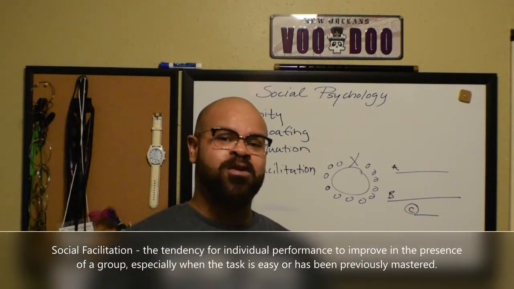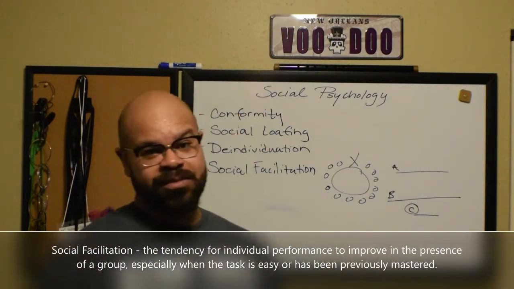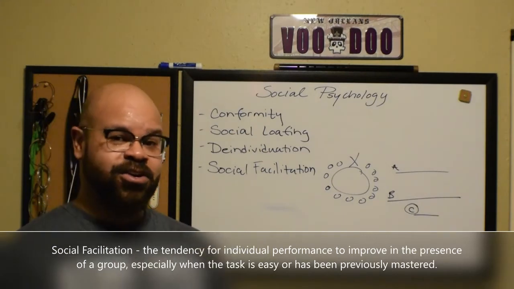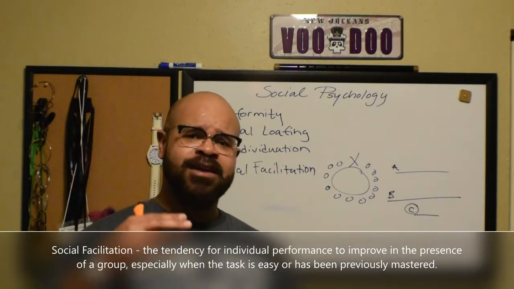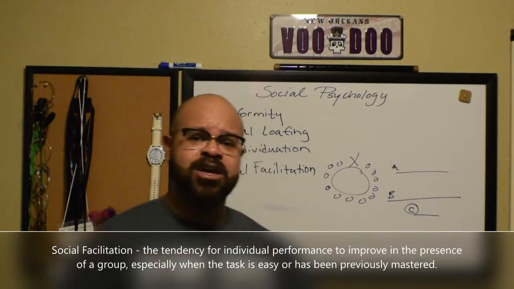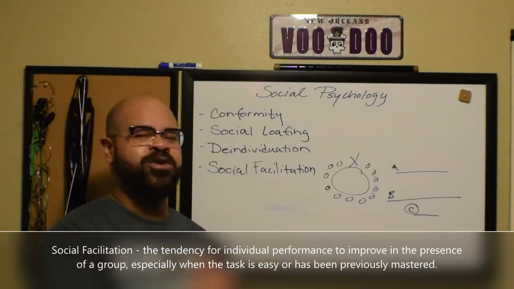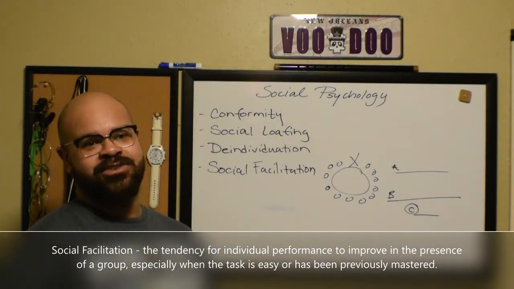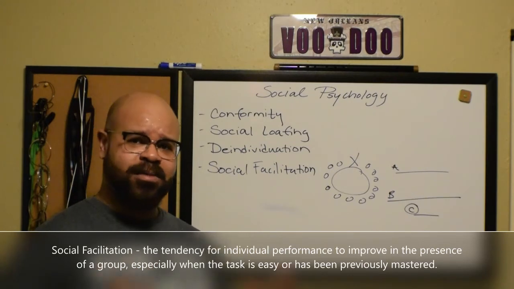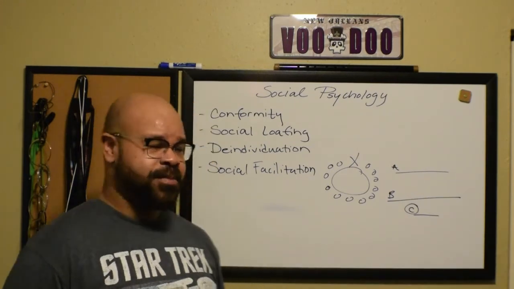You're likely to perform better if I ask you to do something that you know you're good at, something that you're confident in. If I ask you to do that in front of a group, you're probably going to do it better than you would have done it just practicing by yourself or at home alone, right? You're probably going to do that better.